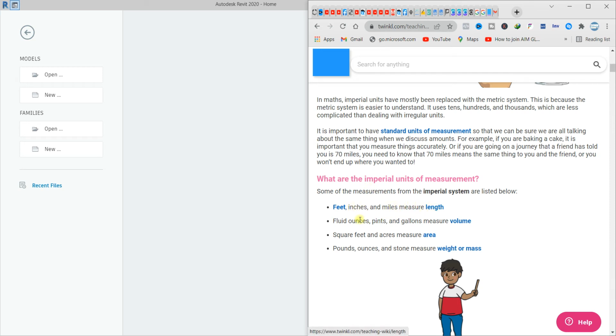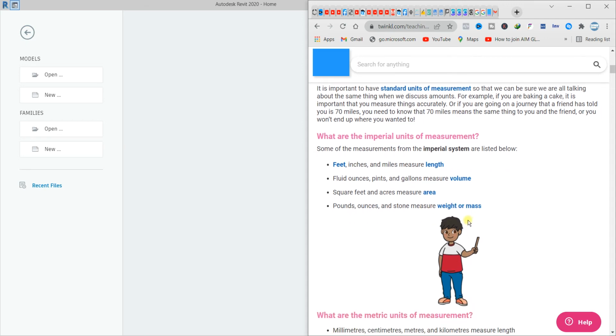Fluid ounces, pints, and gallons measure volume. Square feet and acres measure area. Pounds, ounces, and stones measure weight or mass.